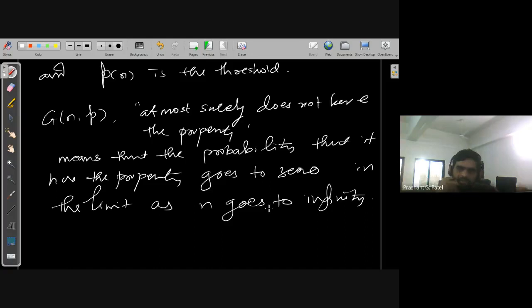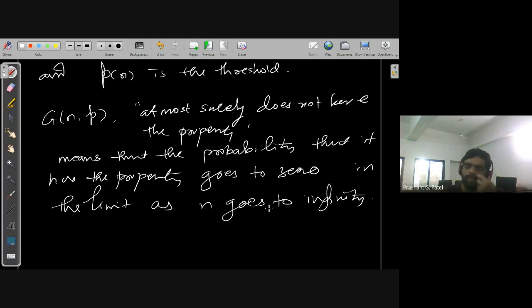And there is a term called increasing property and decreasing property. What does increasing property mean?